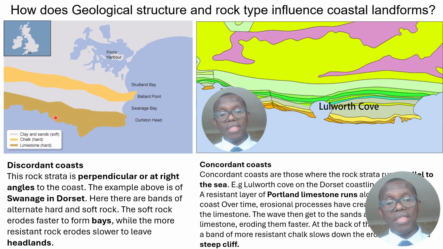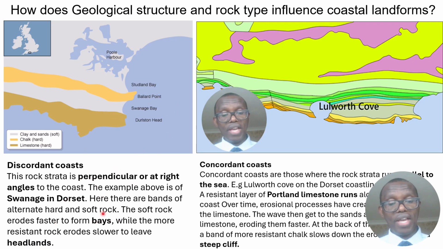And then the other rocks, which are limestone up here, and then chalk, which are both harder, have been left as outcrops sticking out to the sea, and they form what are called headlands. So you have Ballard Point here, which is a headland, and then you have Dalston Head here, which is also a headland. Now this obviously is in Swanage on the Dorset coastline.